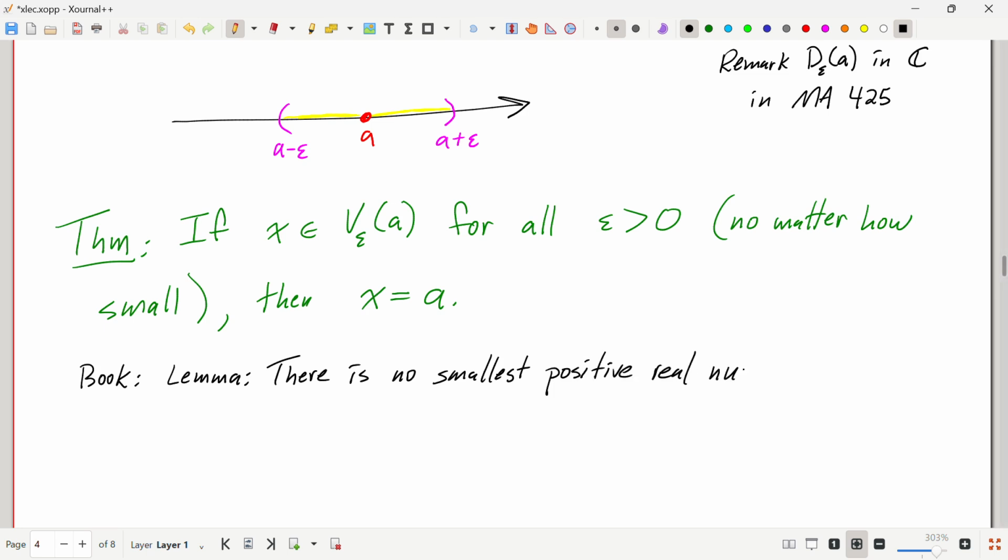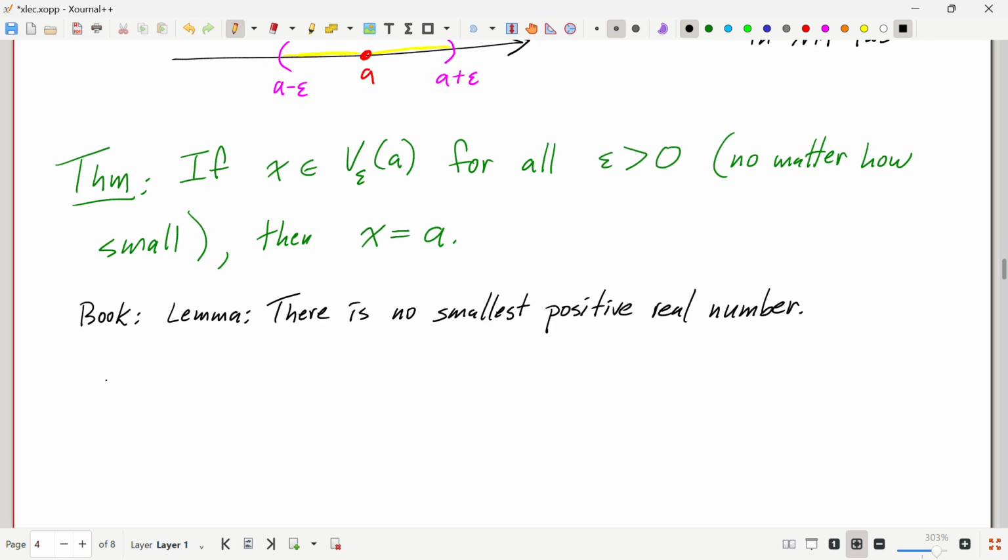So you can write out a formal proof that's a two-line thing, and it's very easy. But I like to have a more tactile proof, which is okay. There's always more than one way to demonstrate something. But here's an alternate proof.